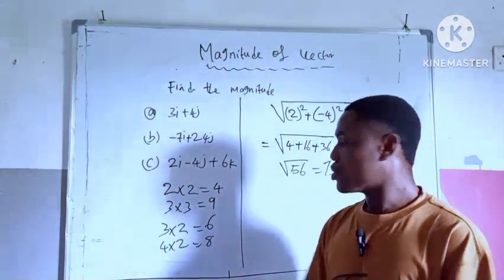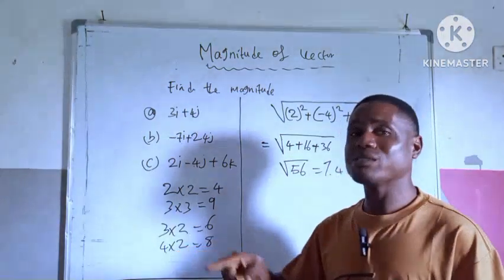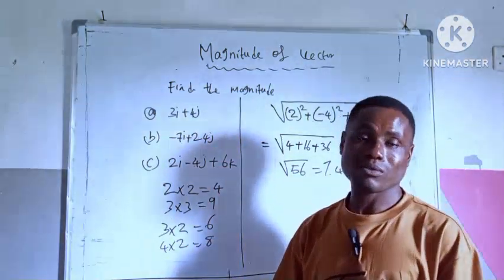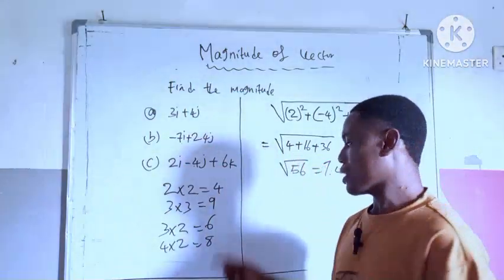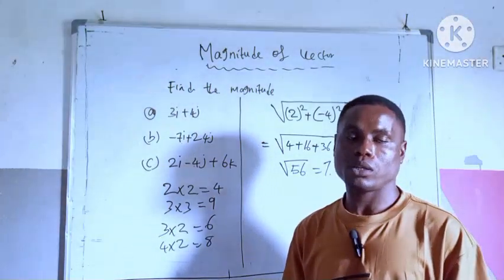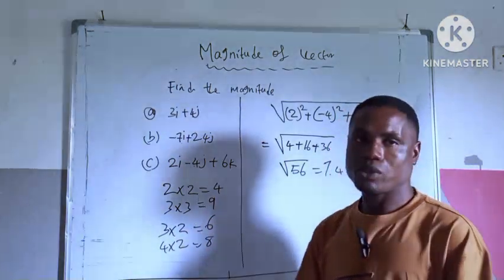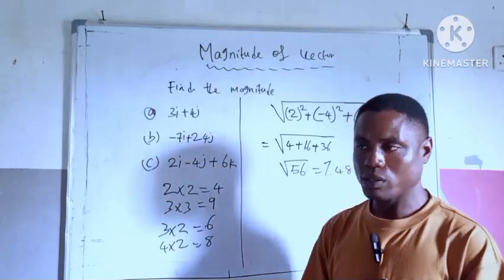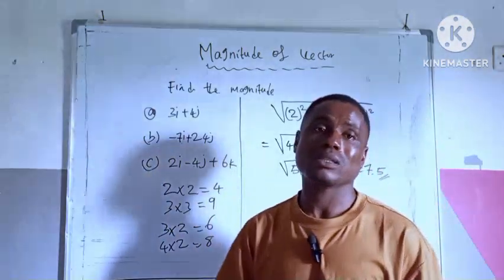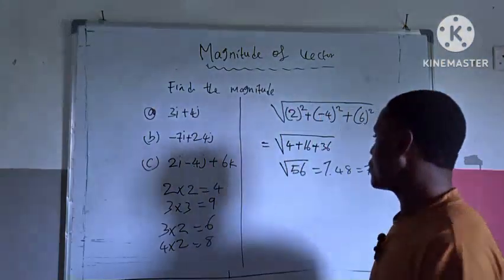They are different numbers. So any number that you got from the multiplication of two different numbers, that number is not a perfect square. But this one is what? A perfect square. Are you getting the point now? So when someone says this number is a perfect square, you now understand, abi?